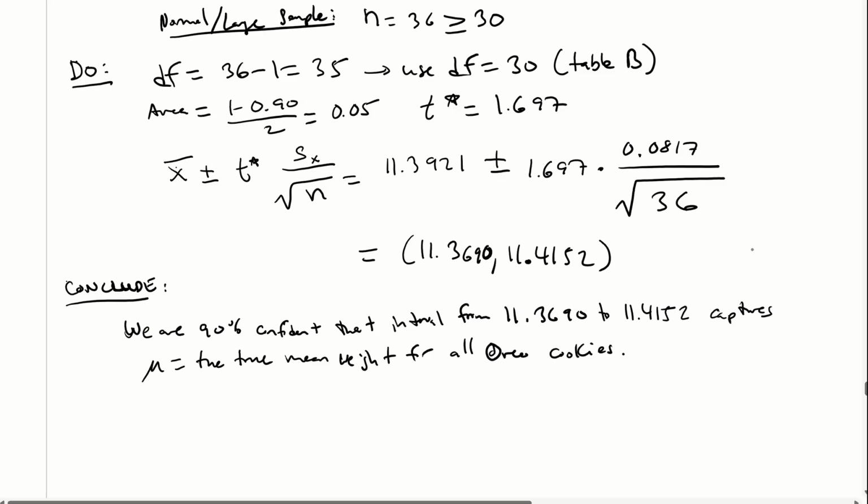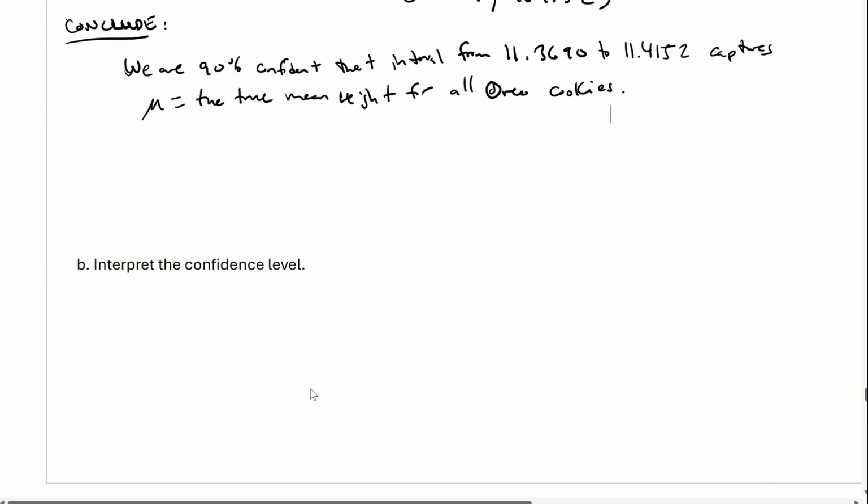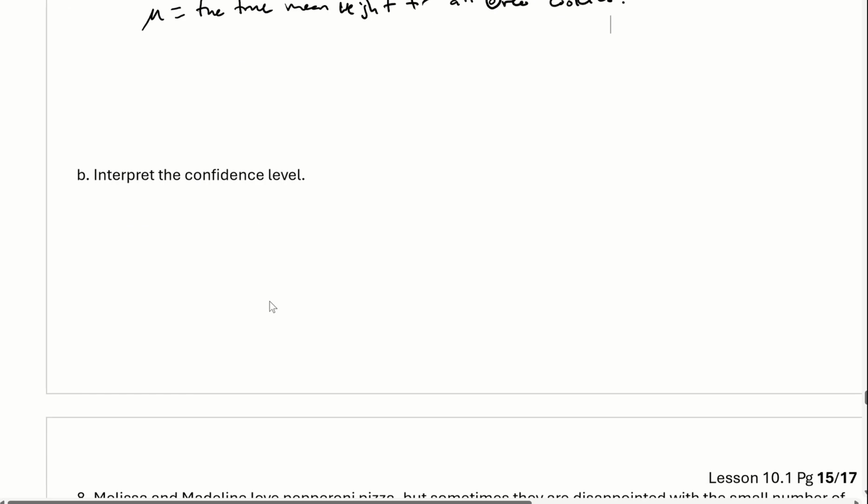All right, so that's interpreting the confidence interval, right? So now we're going to interpret the confidence level. Okay, so that's different. You want to know the difference between those two things. The confidence level was 90%, so we want to interpret what the 90% means.